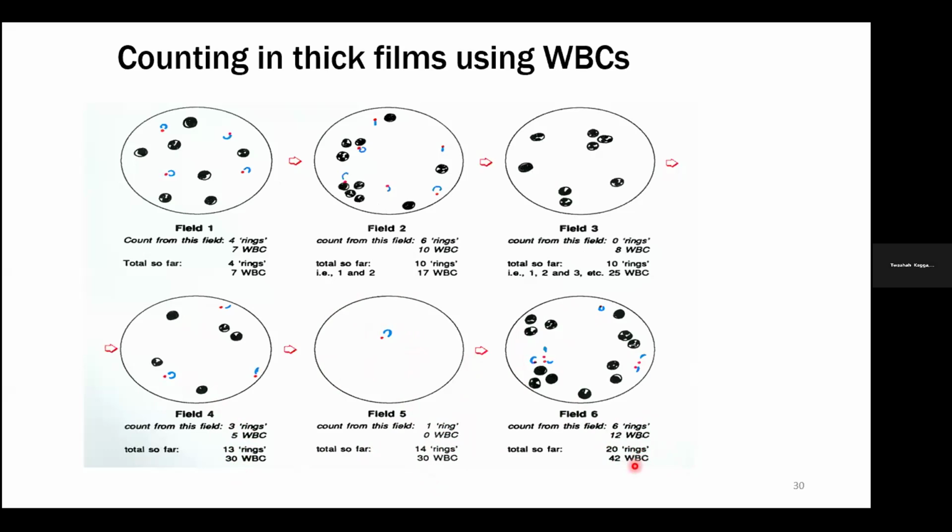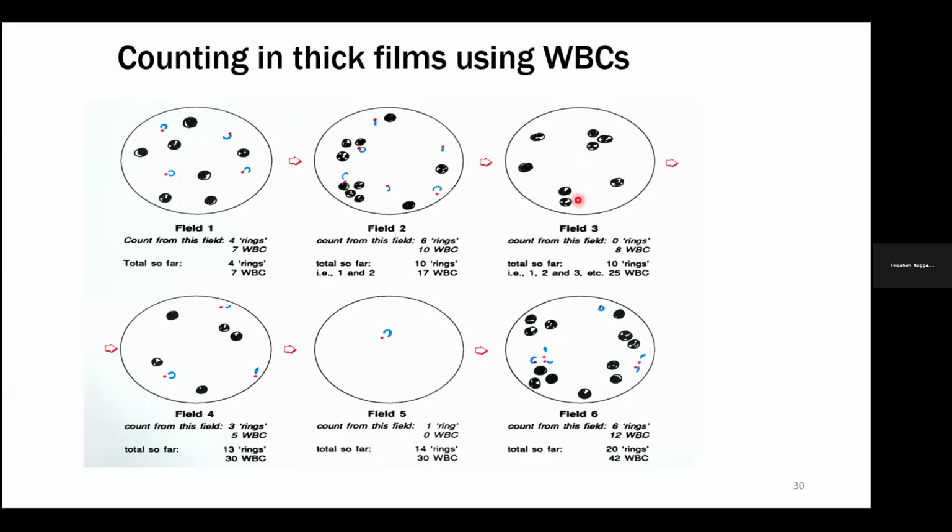If we are going to report this smear by parasites per 200 WBCs, we continue counting these parasites and WBCs until the number has reached 200. In the field where you find the 200th WBC, count all the parasites and all the white blood cells in that field.